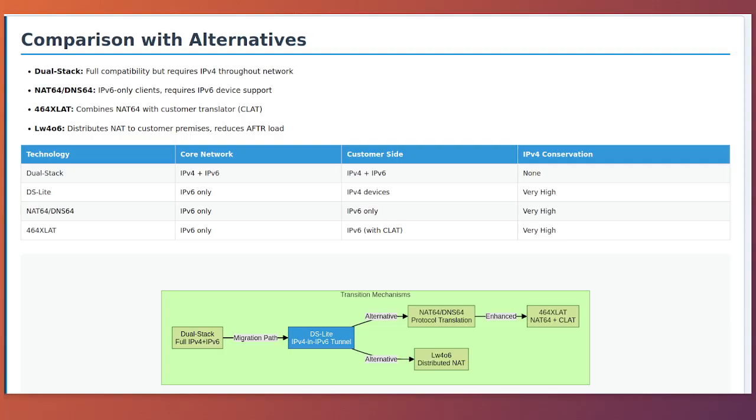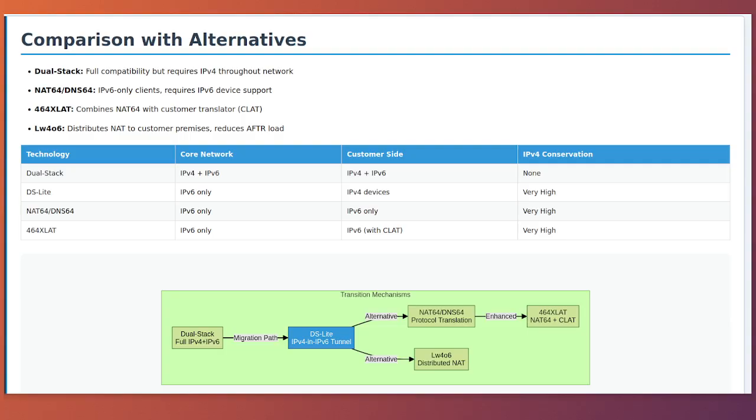While this provides excellent IPv4 address conservation, it requires that customer devices support IPv6, which wasn't always feasible when NAT64 was first deployed. DS-Lite has an advantage here because it allows customers to continue using IPv4 applications on IPv4-addressed devices without requiring any client-side changes or IPv6 support on end-user devices.